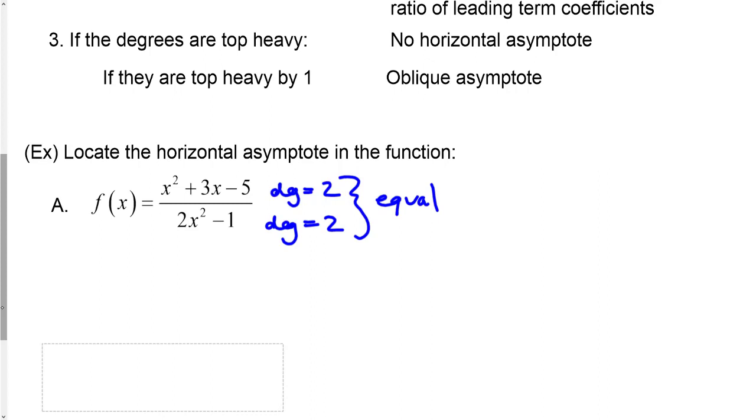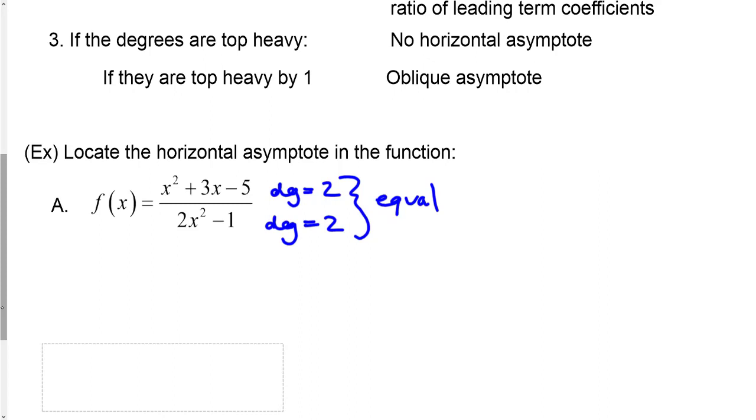And when the degrees are equal, you take the ratio of leading term coefficients. And remember, from polynomials, the leading term coefficient is the multiplier that's on the term that has the highest exponent.